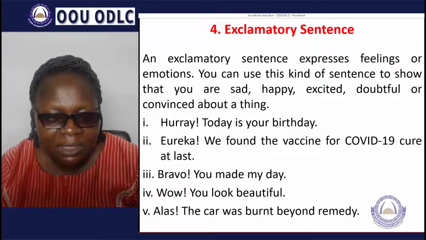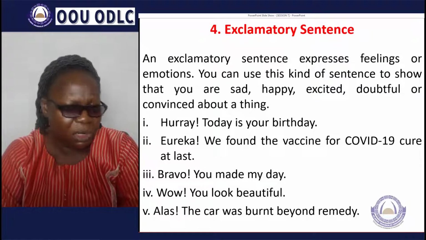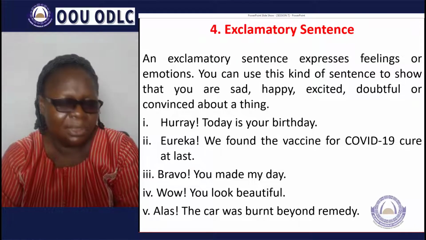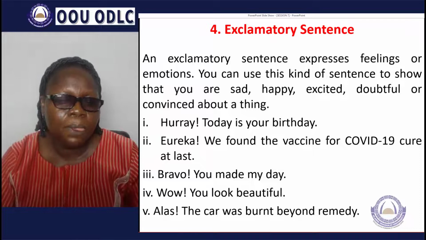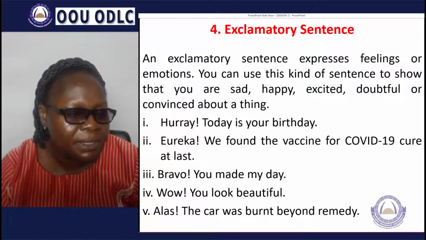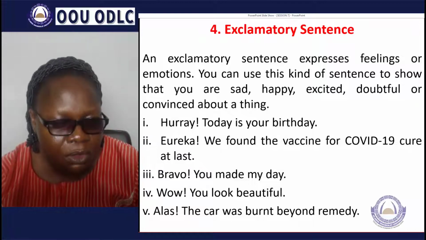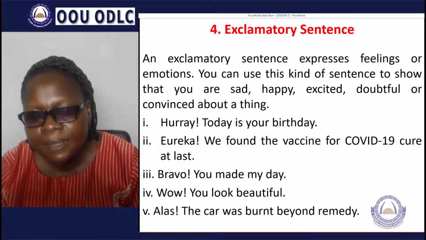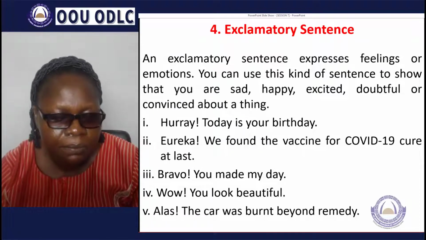You're not moody. Sometimes you're just depressed. You don't want to talk. Sometimes you are doubtful. Sometimes you are convinced about something. There are words with which you can express these feelings, these emotions. These words are exclamations. So an exclamatory sentence expresses feelings or emotions.